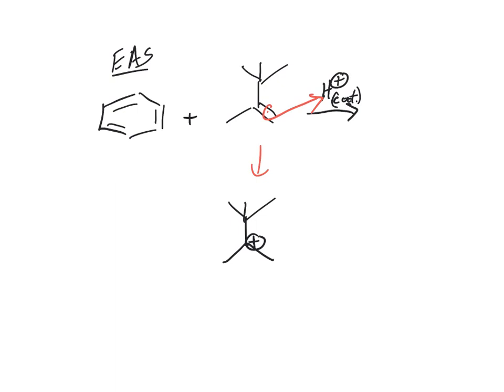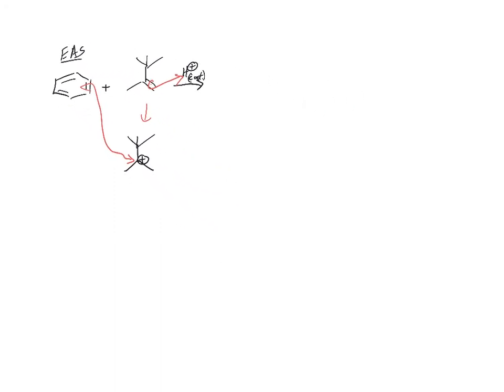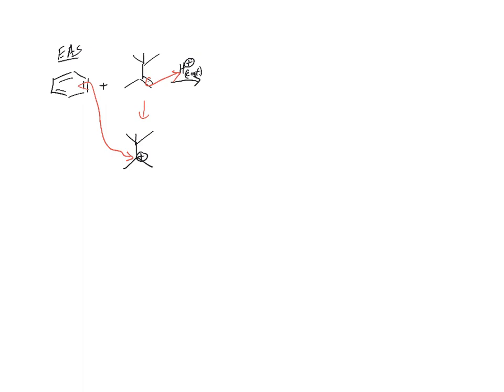This is going to be reactive enough to react with our benzene. Then our first step. You don't need to worry about ortho, meta, or para because there's no groups on there.